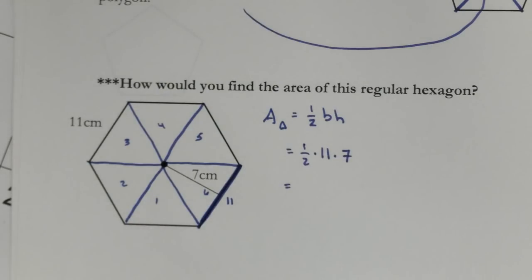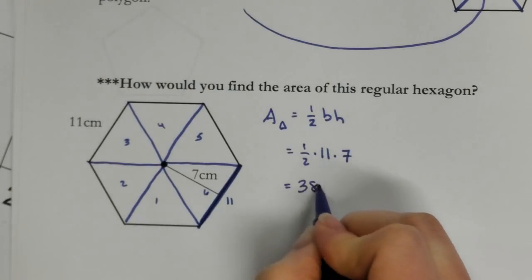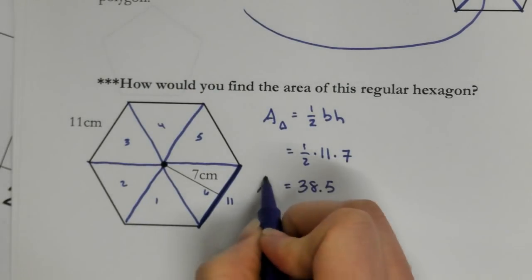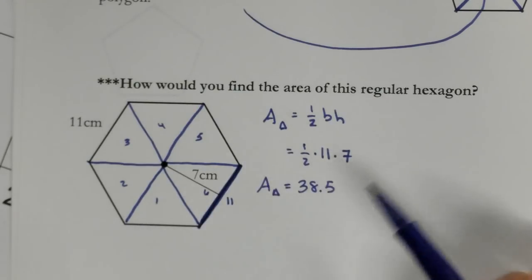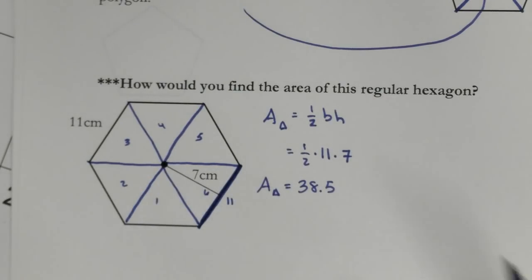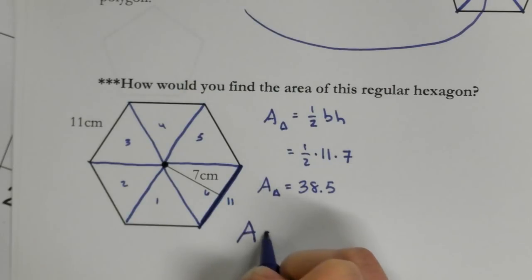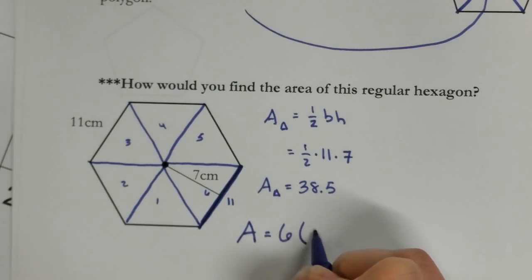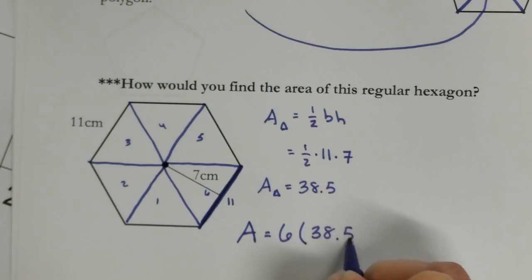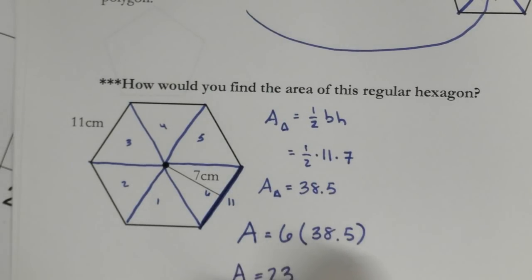So 1/2 times 11 times 7, that's the area of the triangle. Now how many triangles do I have? I have 6. So the total area is 6 times 38.5. So my total area is 231 centimeters squared.